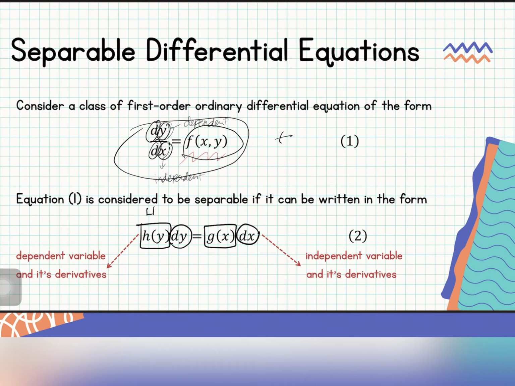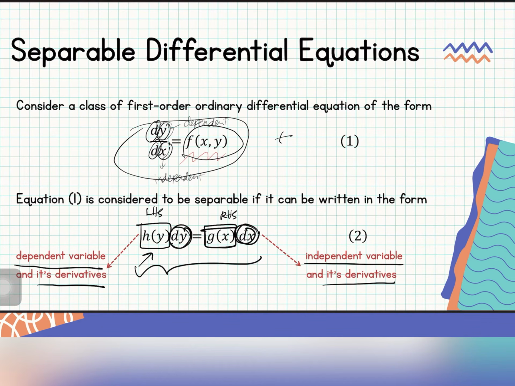This one is the left hand side and this one is the right hand side. So if we can separate our function of y with dy and our function of x with dx, we call this a separable differential equation. If you look at the left hand side, we have the dependent variable with its derivative. On the right hand side we have all the functions of the independent variable and its derivative. That's why you need to understand which one is the dependent variable and which one is the independent variable.